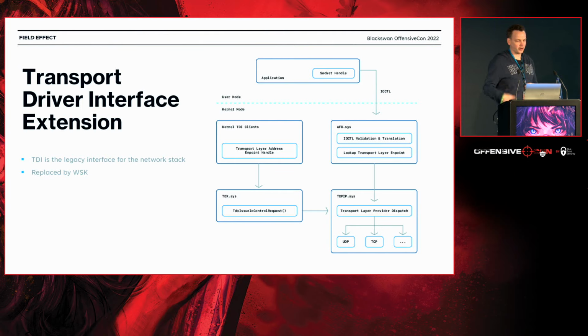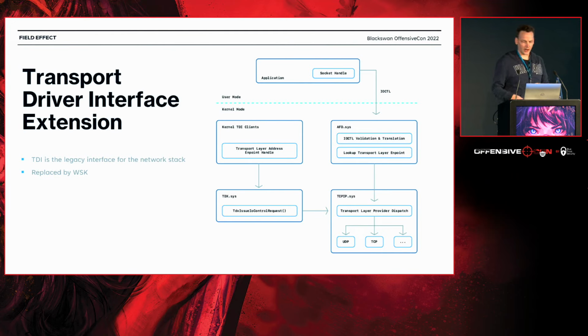So if you're setting options, the old legacy drivers will talk to TDX and can send ioctls directly into the stack, and it doesn't go through the same validation that's in AFD.sys. Whereas a regular application gets a socket handle, talks to AFD.sys, goes through the validation code, and then AFD looks up the transport layer endpoint and sends the ioctl packet on down.